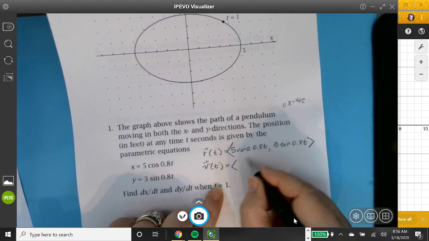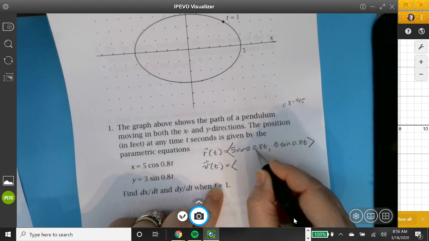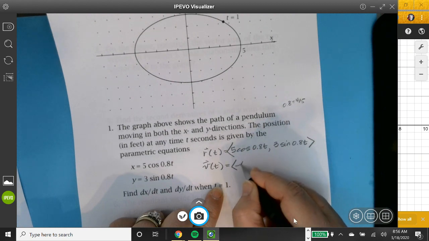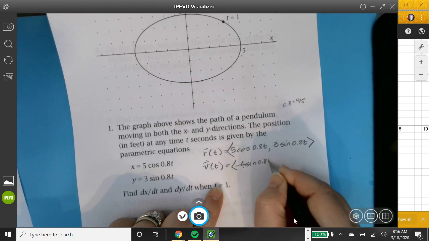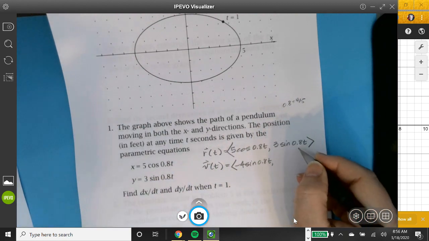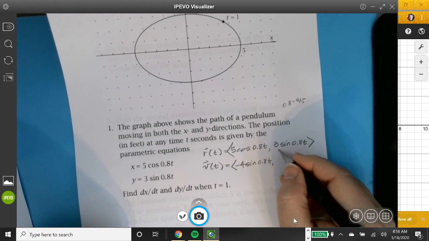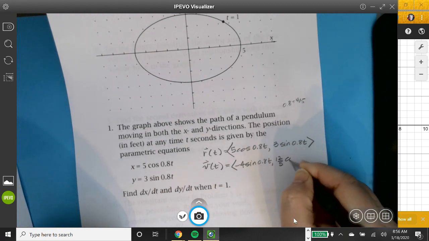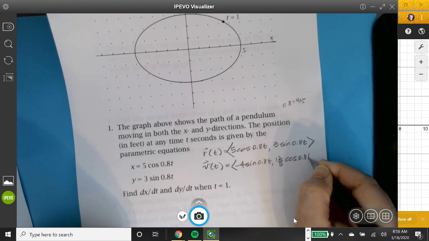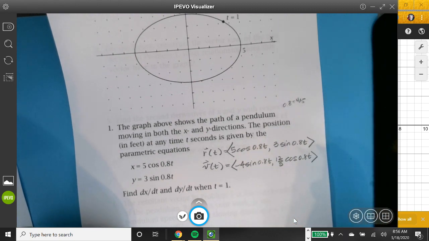So this is going to be -4/5 because I got to take the derivative of the inside. So -4 times the sine, because the 5's cancel, of 0.8t. And then this is going to be 4/5 times 3, which is 12/5 times the cosine of 0.8t if I were to take the derivative of those components.